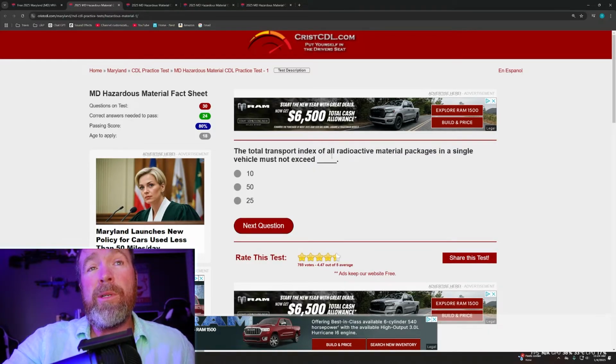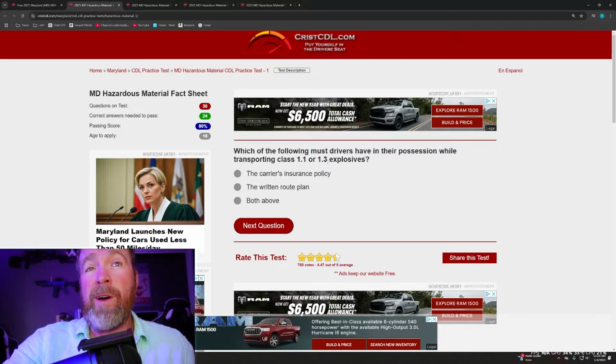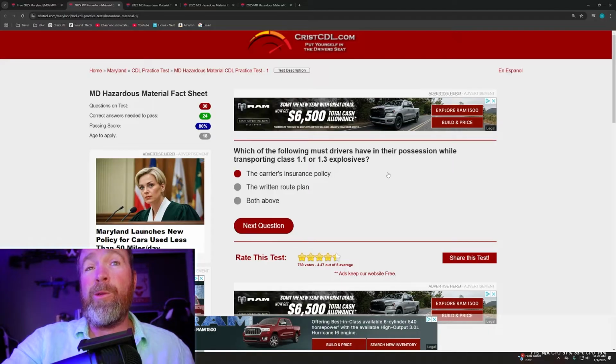The total transport index of all radioactive materials packages in a single vehicle must not exceed 50. Which of the following must drivers have in their possession while transporting class 1.1 or 1.3 explosives? It's not both. A lot of people think it's both, but the only thing you need is the written route plan.